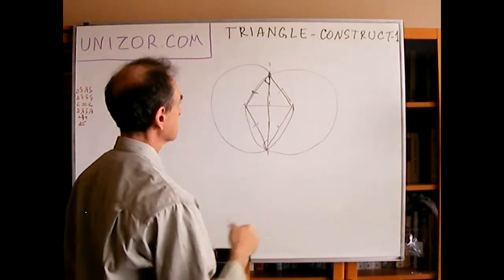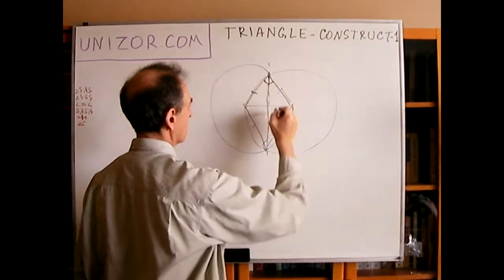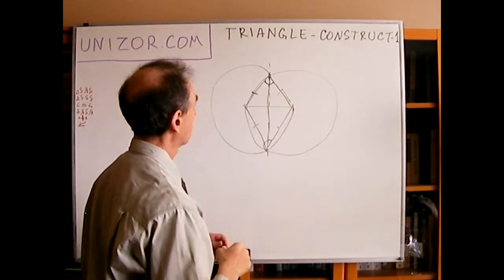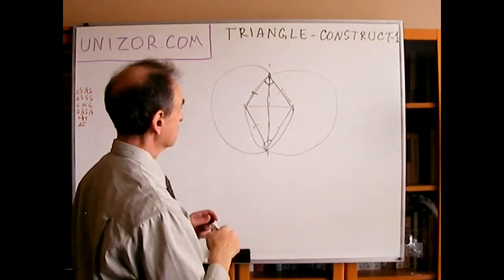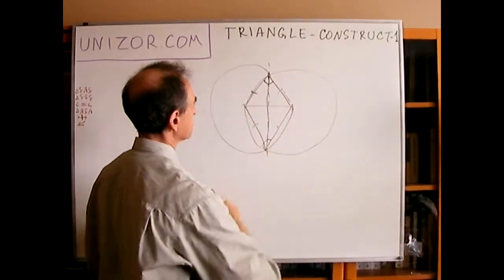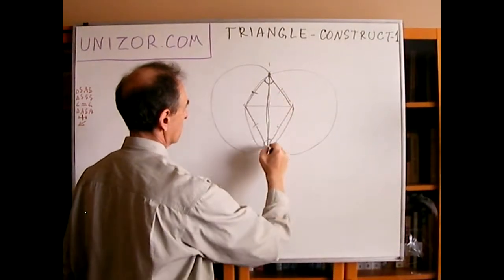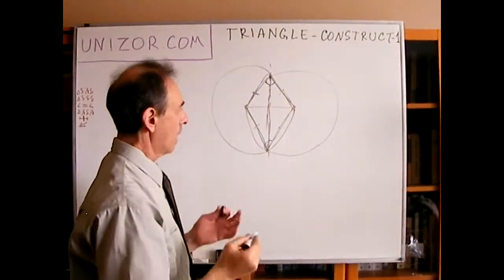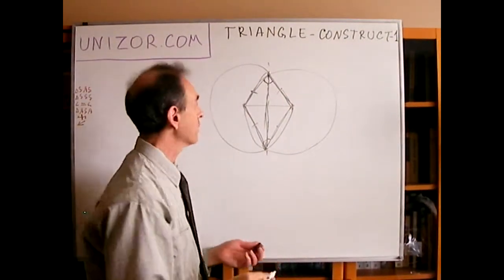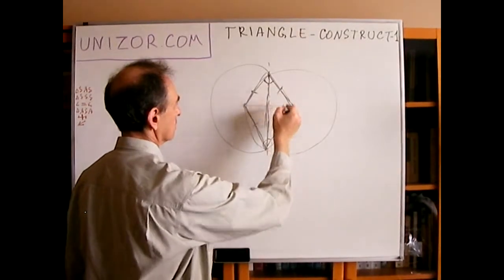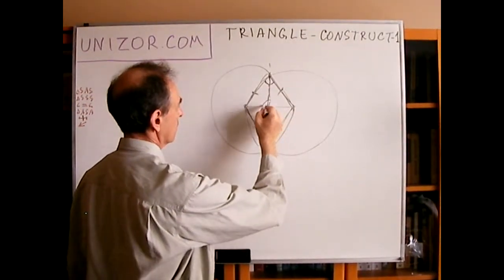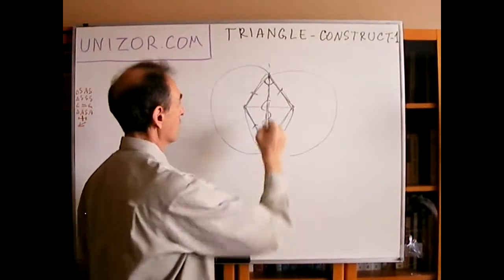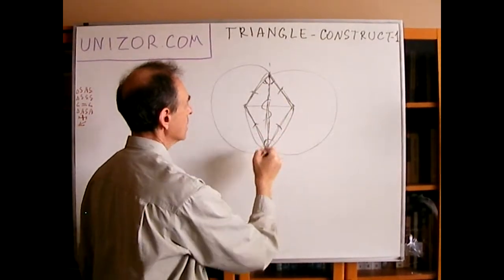Okay, same thing I can state with these 2 angles. They're also the same. Now, the triangles themselves, this triangle and this triangle, are congruent to each other because 3 sides of one are congruent to 3 sides of another. So all these 4 angles are equal to each other.